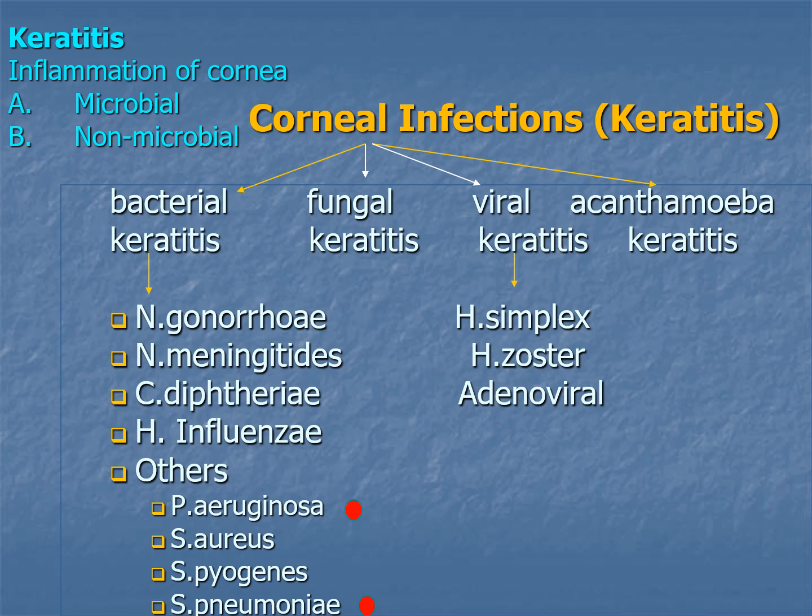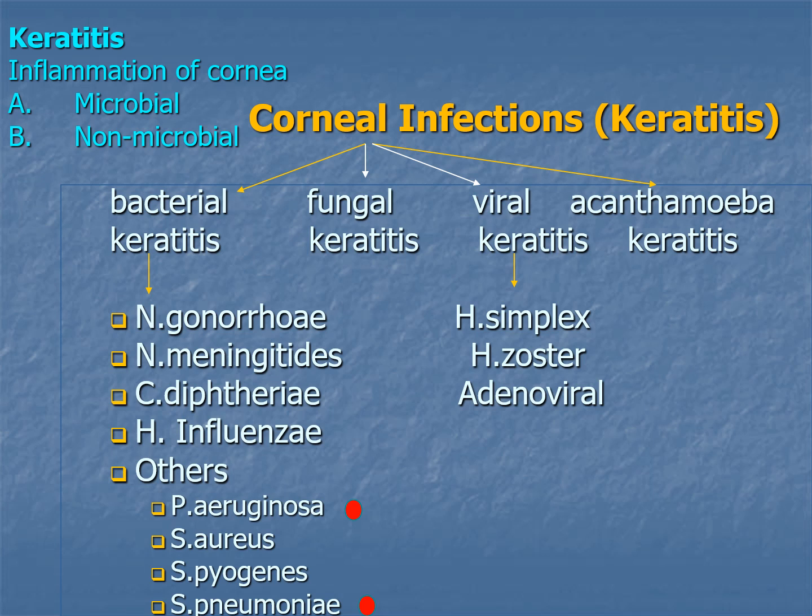And Staphylococcus aureus is a gram-positive bacteria and present normally in nares, skin, and conjunctiva. Streptococcus pyogenes is a gram-positive bacteria and normally present in throat and vagina. And Streptococcus pneumoniae, a gram-positive bacteria, normal commensal of the upper respiratory tract.